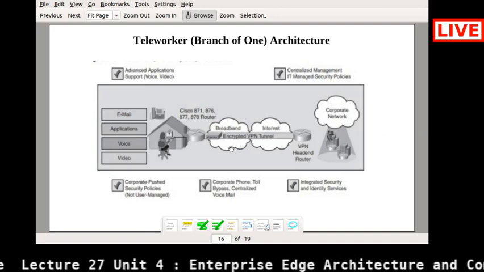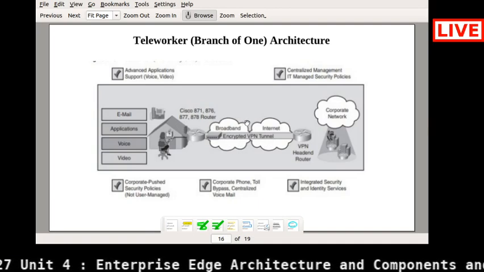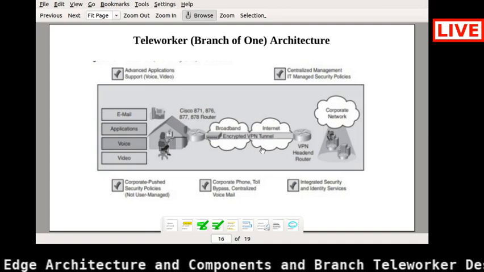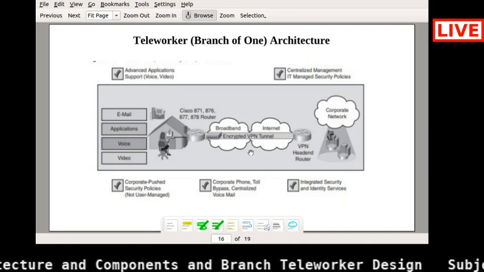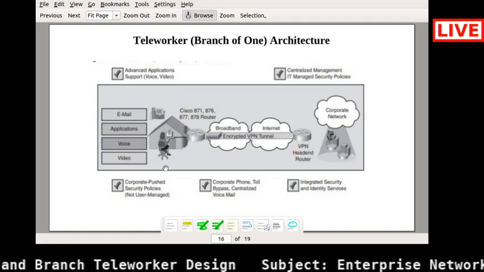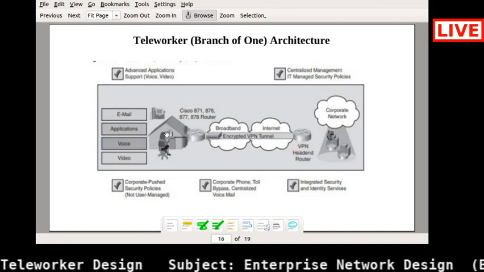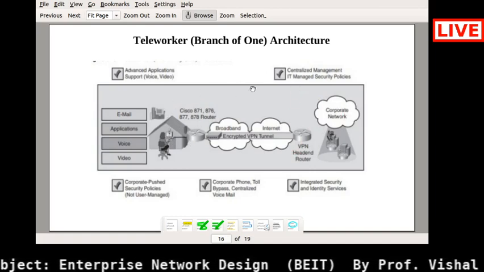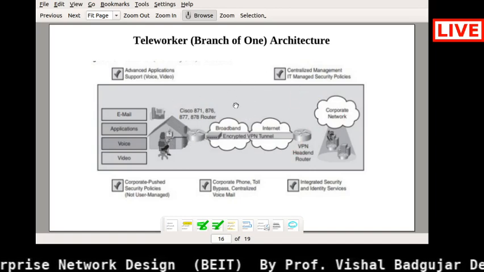By using an encrypted VPN tunnel, you are going to access all the resources which are available in your corporate network, and after that you are going to use them from your home. In this way, this particular communication will take place in your teleworker setup.